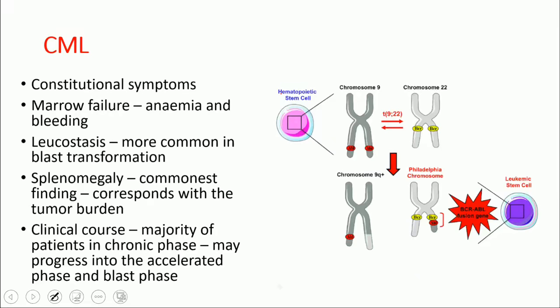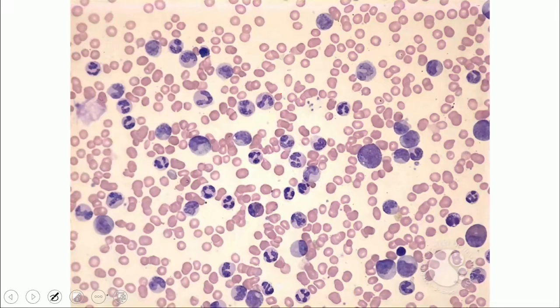And you know that there is a genetic problem, and you get this Philadelphia chromosome, the 9;22 translocation. And you see a large amount of myeloid cells in the blood film, with mature and immature cells, a mix again.